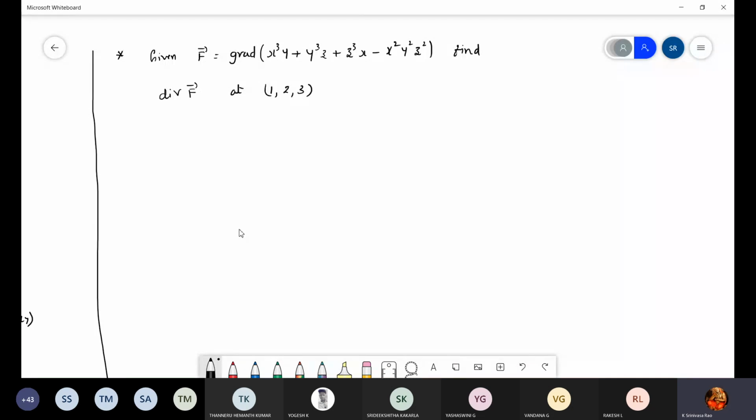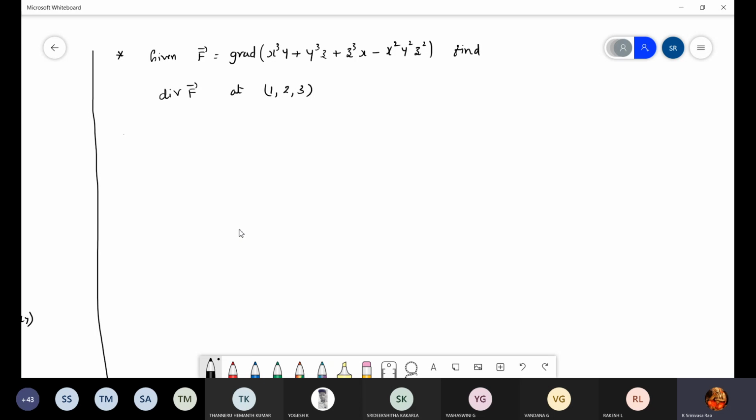So this is also like the previous one, only here you have to calculate divergence at 1, 2, 3. If they ask curl also, you can extend. So f is not given directly, it is given that f is equal to grad phi.